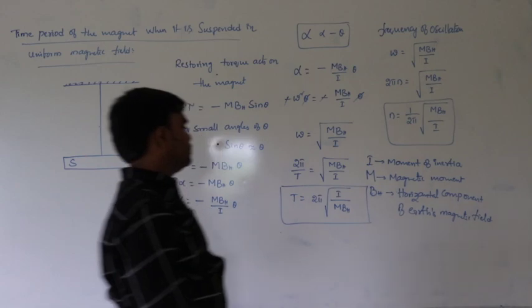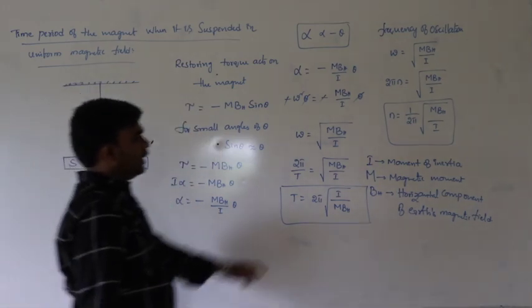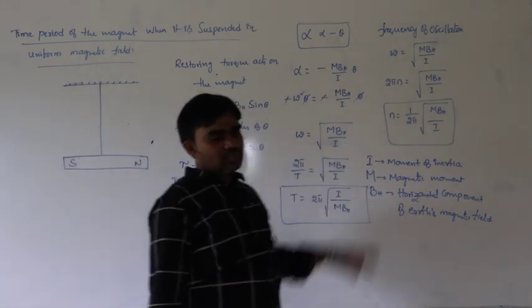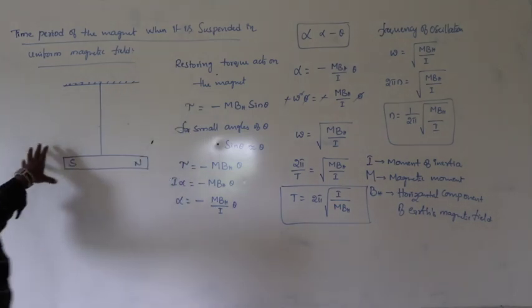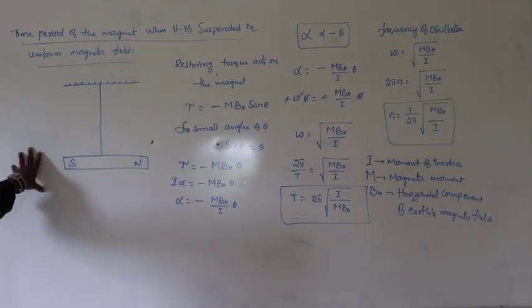So that is the situation. This is the time period and this is the frequency of oscillation of the magnet when it is suspended in uniform magnetic field.